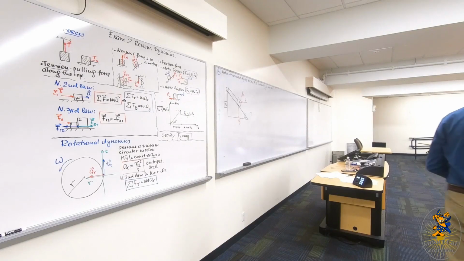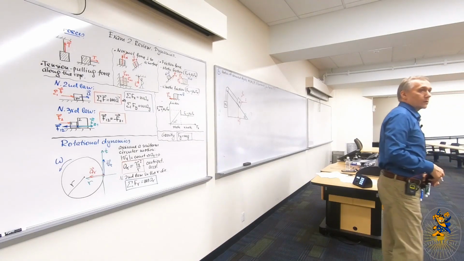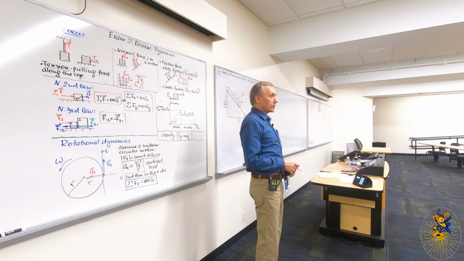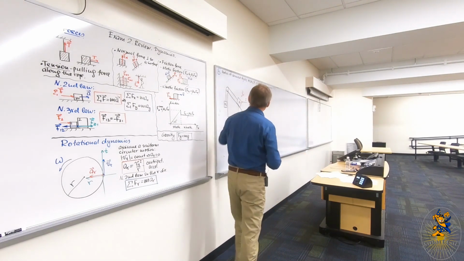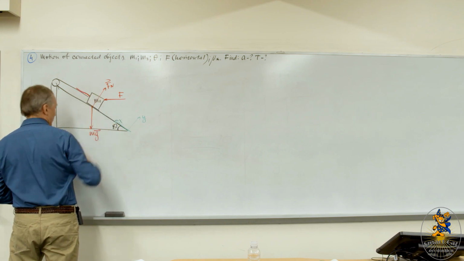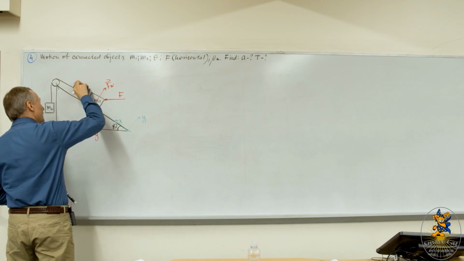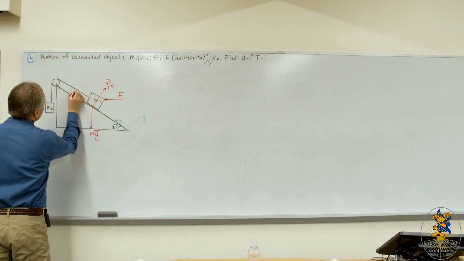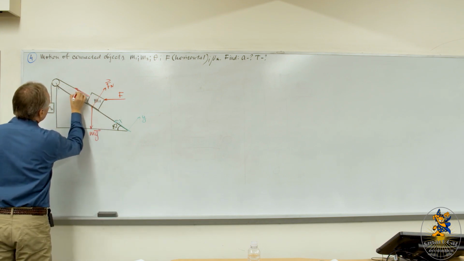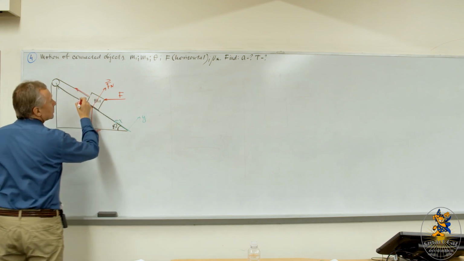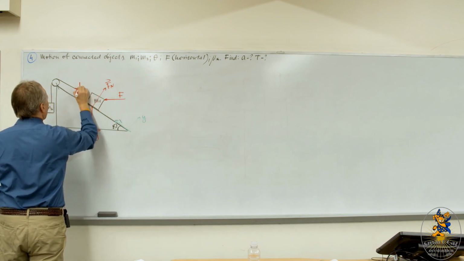And then what next? Yeah, tension. There's a rope, so there must be tension. Again, along the rope, away. Which way do I label it? FT or T? Okay, T capital.